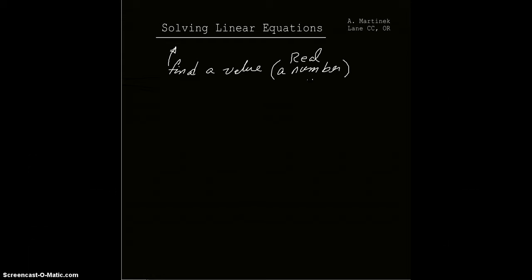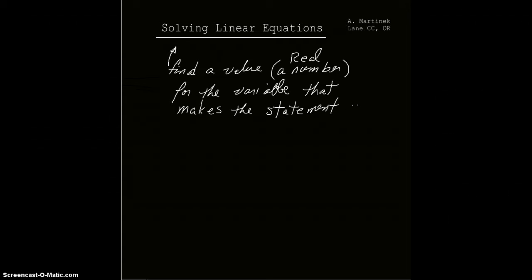Find a value, that is a real number, for the variable that when we use this number, the equation is true. So we're going to find a value for the variable that makes the equation, or statement, true. That's what we're doing. That's all we're doing, really.